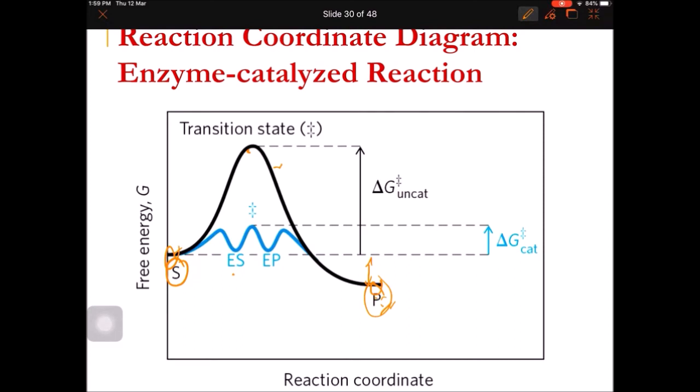Anong pagkakaibang napansin nyo? Mas mataas. Anong napansin nyo sa transition state? Transition state, yung climax ng walang enzyme, uncatalyzed sa catalyzed. Mas mataas ang transition state ng uncatalyzed.